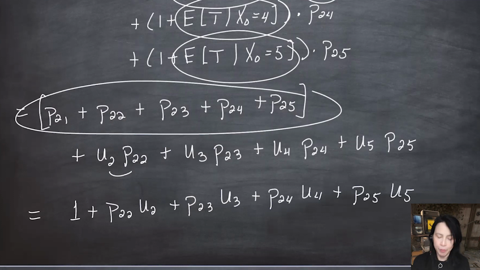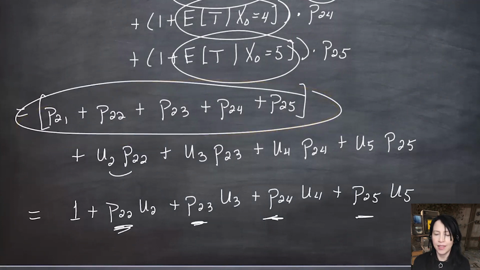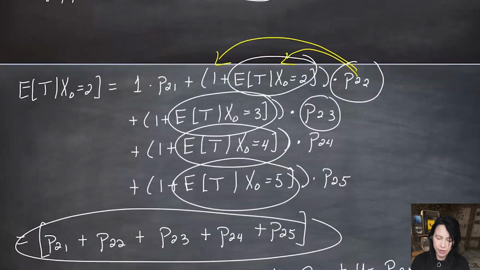That's exactly what we had before. I actually used the numbers from the 2 row of the matrix, but this is exactly what we had before. And we got the 1 in a slightly different way. Before we were saying we have to take 1 step and then, but right now the 1 came from adding those probabilities, which I think is kind of a cool thing to notice. But all of this was our equation for u2.